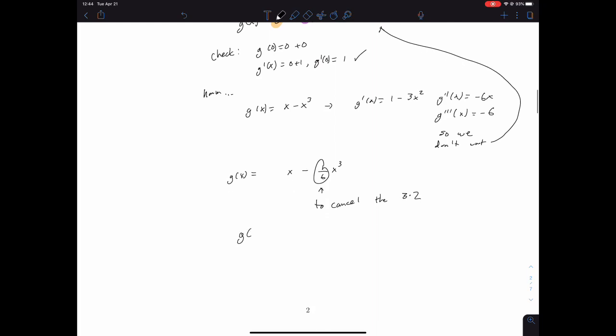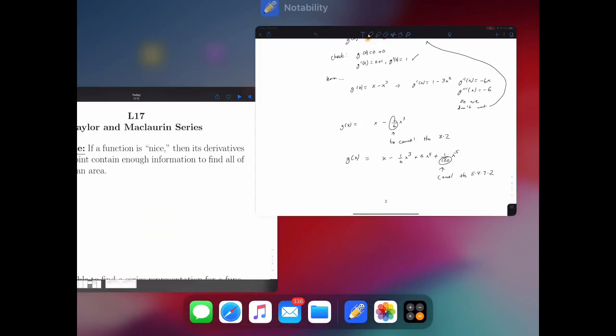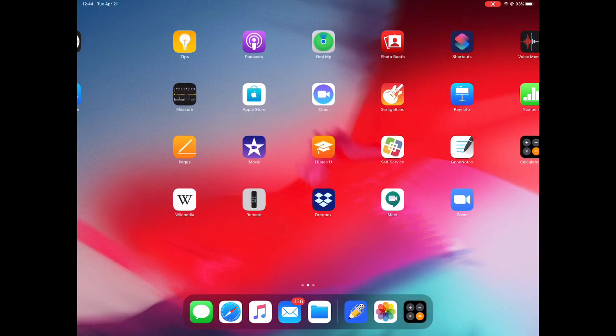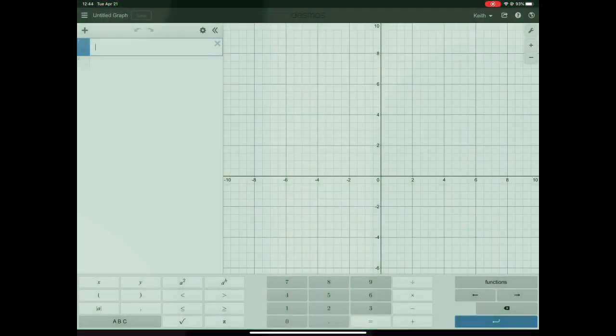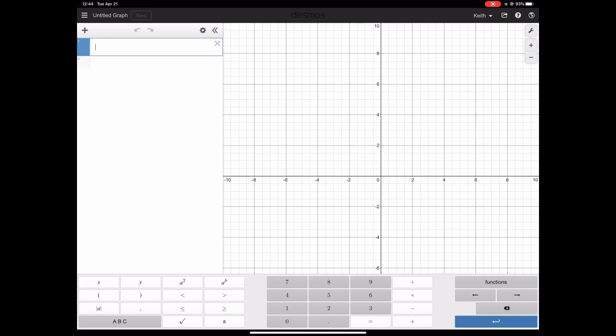And so it turns out that g of x is going to be x minus 1/6 x cubed plus 0x to the fourth, because the fourth derivative is 0. And then I'll have a plus 1 over 120 x to the fifth. And this number will cancel the 5 times 4 times 3 times 2. Okay, and so if I put this into Desmos, let's start with sine.